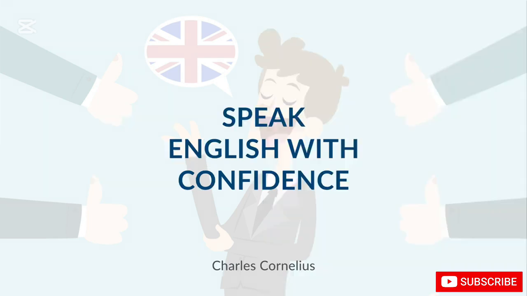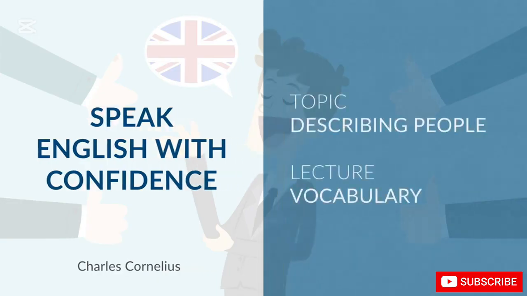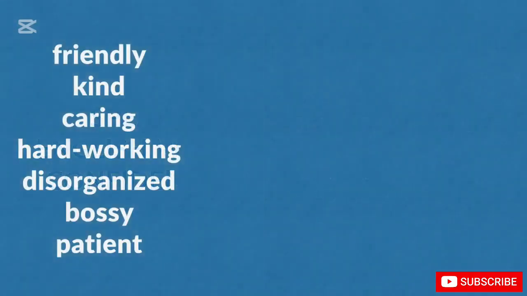In this lecture, we're going to look at some more words for describing people. So far, we've looked at these words: friendly, kind, caring, hardworking, disorganized, bossy, patient.